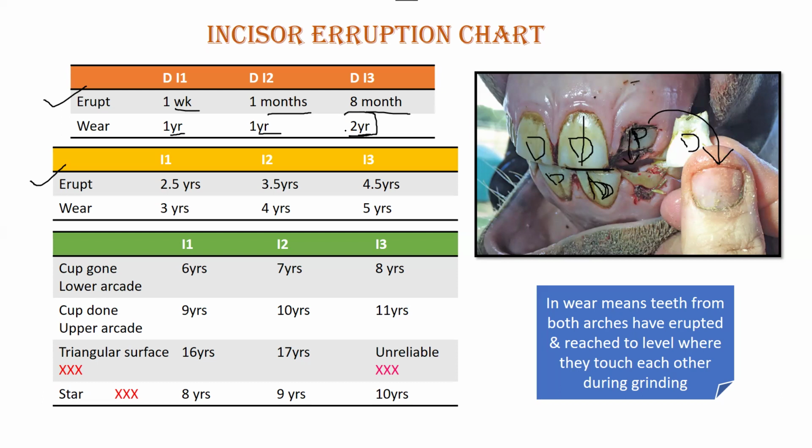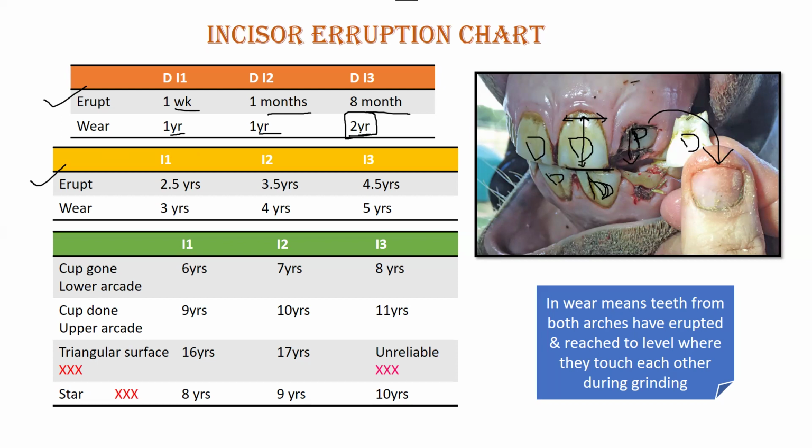So you can simply see that when a horse comes to you and it has deciduous teeth, that means the teeth will be short, the teeth will be whiter, and they will have wide necks, not long. And you will see that the first incisors are erupted and in wear, second are in wear, and third are also in wear.